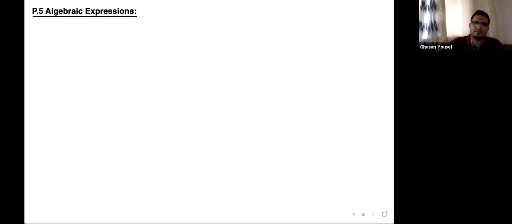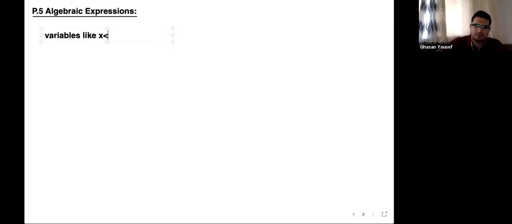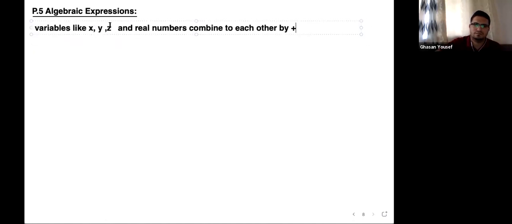If I have, for example, variables like x, y, z, and I have real numbers combined to each other by adding, subtracting, multiplying, or dividing, or power, or root, all of them make the algebraic expression.